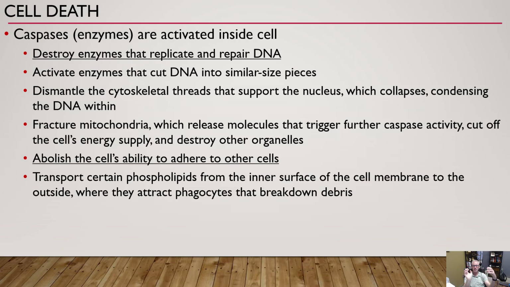They're going to dismantle and destroy your organelles, fracture your mitochondria, basically cutting off your cell's energy supply. These caspases also stop the cell from communicating with other cells. The cell needs to be destroyed, and they're going to release enzymes that attract phagocytes. Remember, phagocytes eat up bad gunk, cellular debris. So they're going to attract phagocytes to come and break up that cell, and the body's going to reuse what it can and get rid of what it can't.